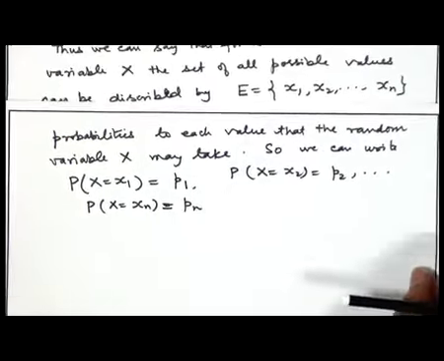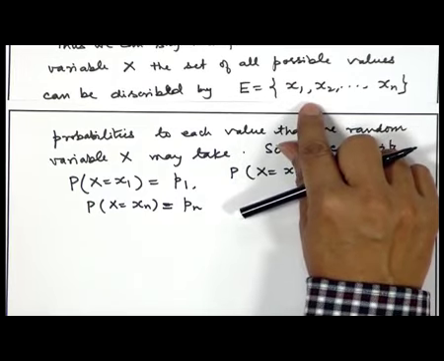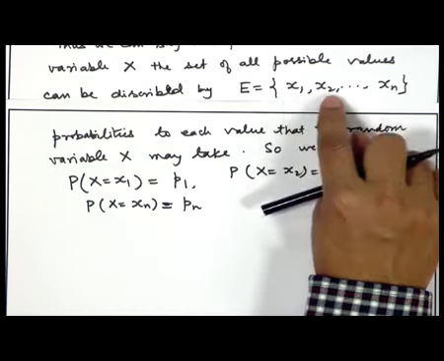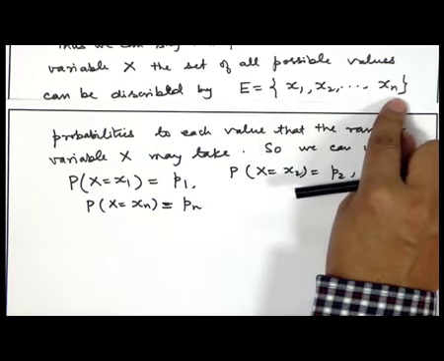Now, you can see that all the possibilities of the random sample are allocated the values x1, x2, ..., xn.